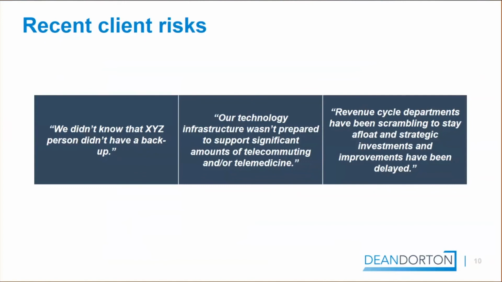And then the third thing was related to when the volumes dried up, and then they came back on slowly last summer, June, July, August, the capacity to then handle that volume wasn't there. Whether it was because of furlough or internal transitions or resignations, when the volumes came back, many of our clients did not have the team in place to support it.